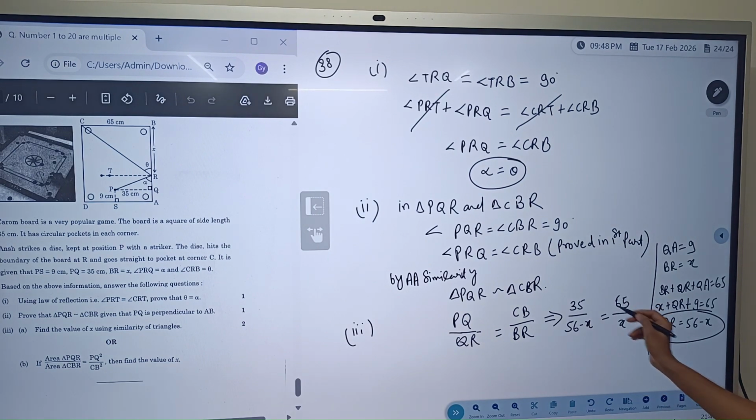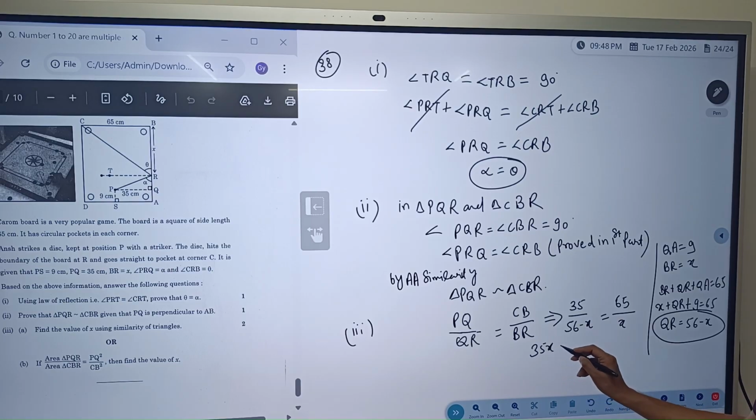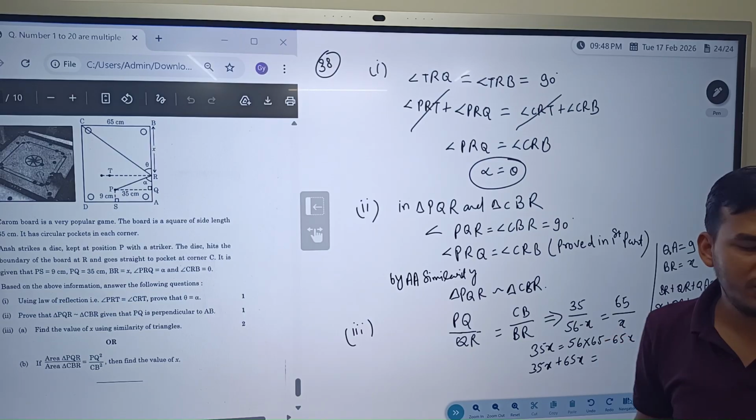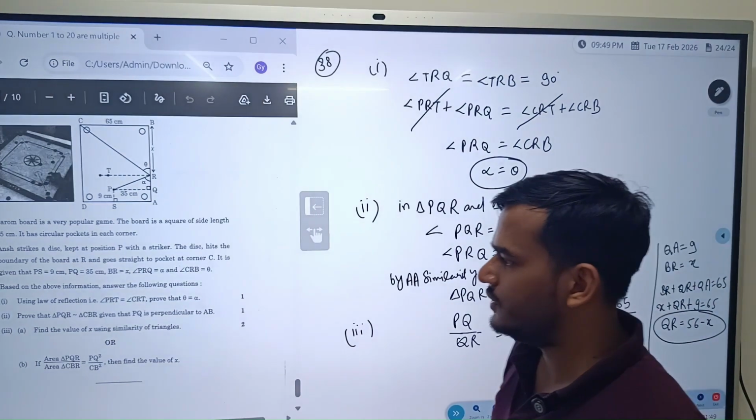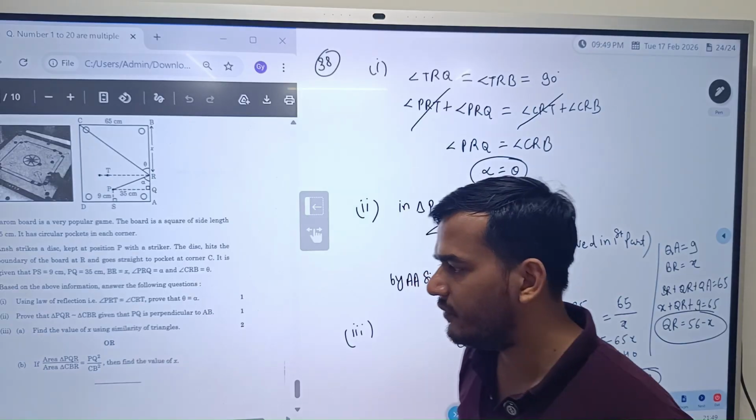Cross multiply: 35x is equal to 56 into 65 minus 65x. Transposing, 35x plus 65x is equal to 56 into 65, which is 3640. So 100x is equal to 3640, or x is equal to 36.40 centimeters. This is the value of x using similarity of the triangles.